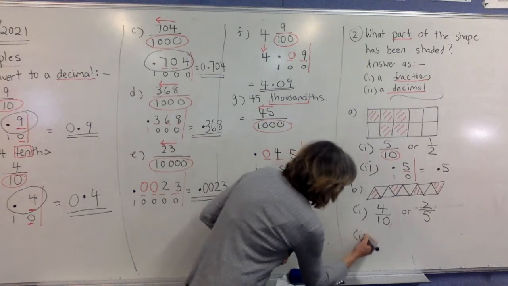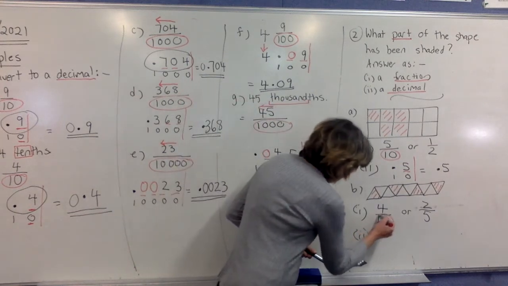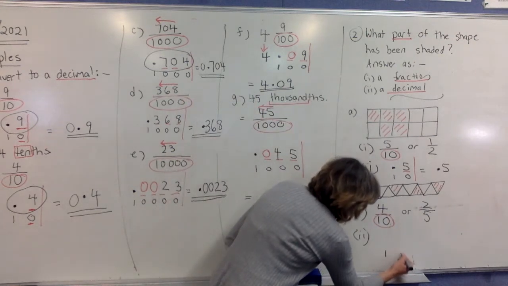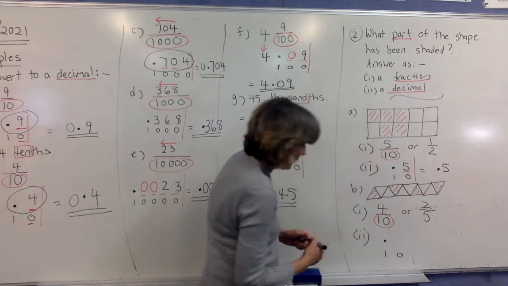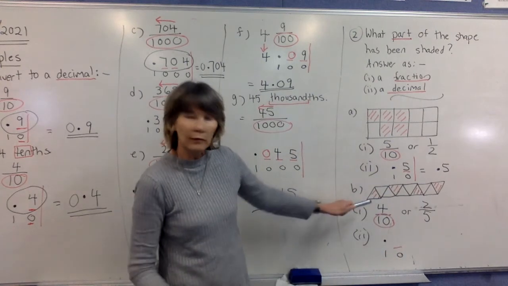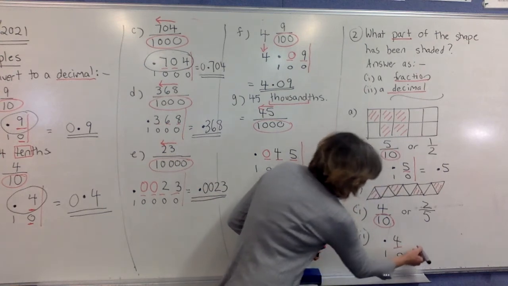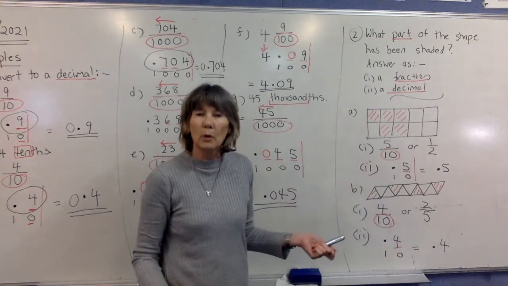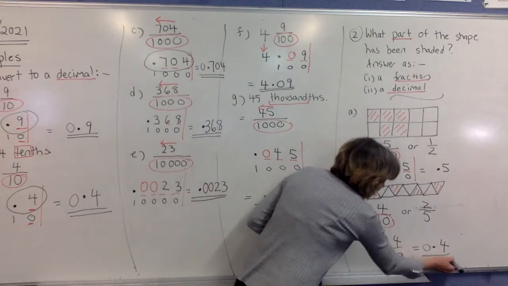All right, now part 2. We're going to look at our denominator again, leave a space above it, write the 10 down, decimal point above the 1, and we have 1 space to fill in. Look at the top, and you've got a 4, so the 4 goes in that spot, and your final answer for your decimal is 0.4. Again, if you want to write the 0 in front, you can if you like.